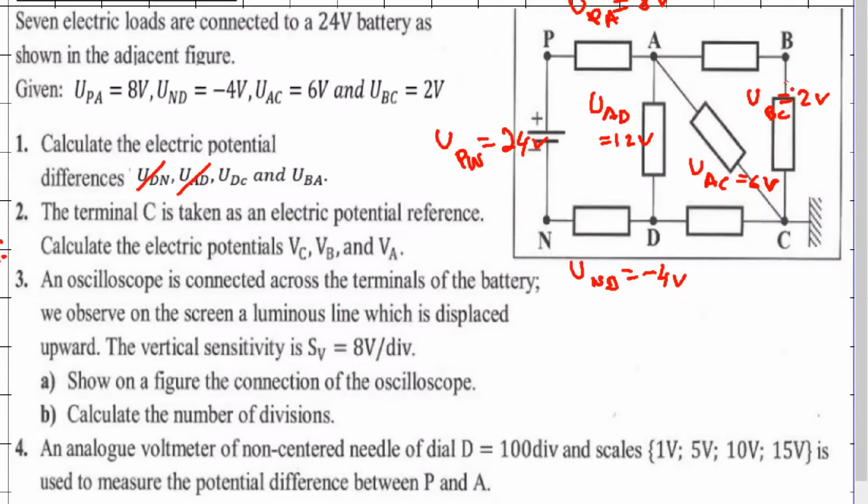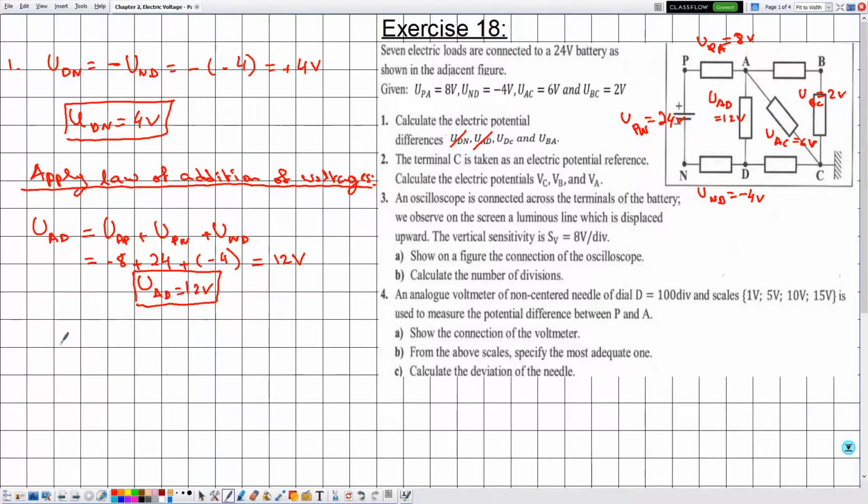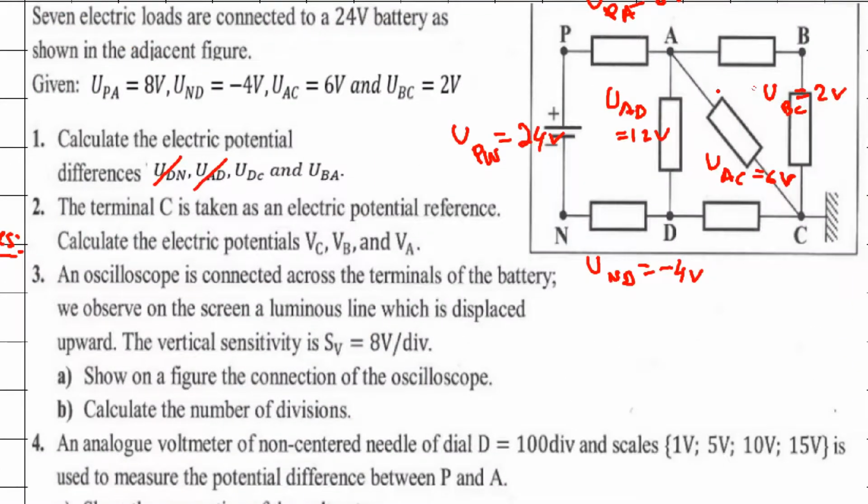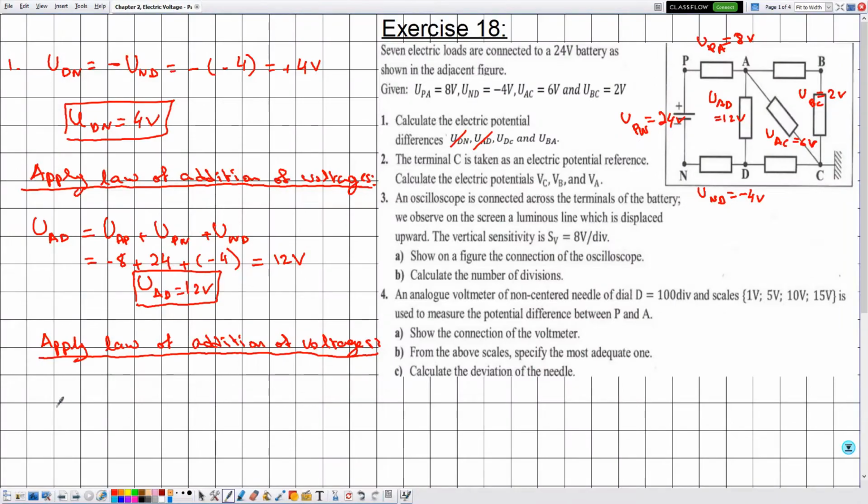Now as for the voltage UDC, let's apply the law of addition of voltages. Always on the left we write the voltage that you are interested in calculating, which is UDC.